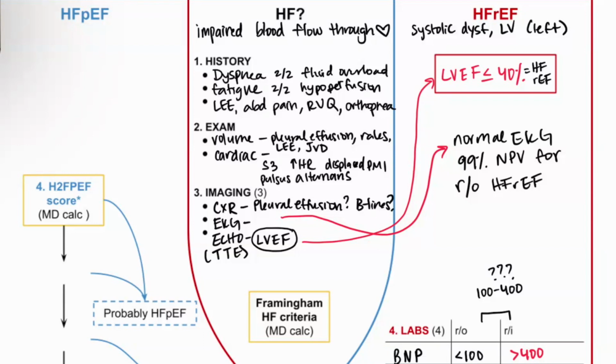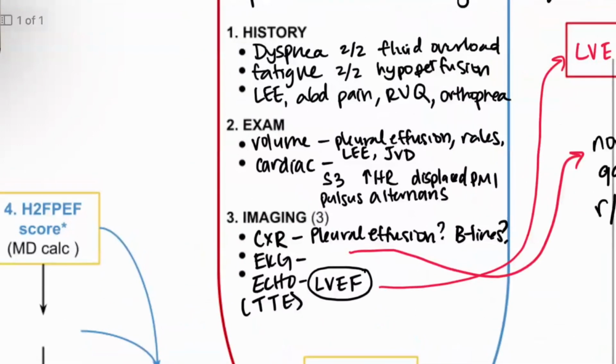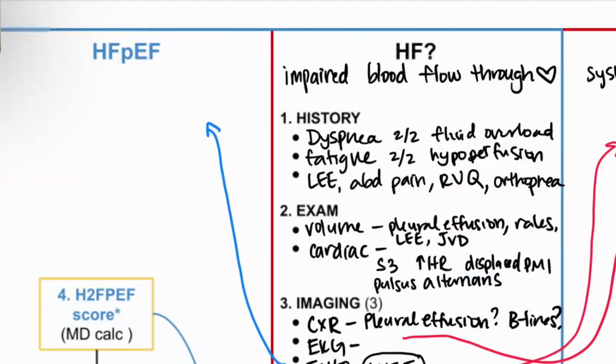Okay, so talking now about HFpEF, the difference here and why we go down the left side of this chart is if this echo shows an LVEF, left ventricular ejection fraction, of greater than 50%, then we only know that it's possible the patient has HFpEF.